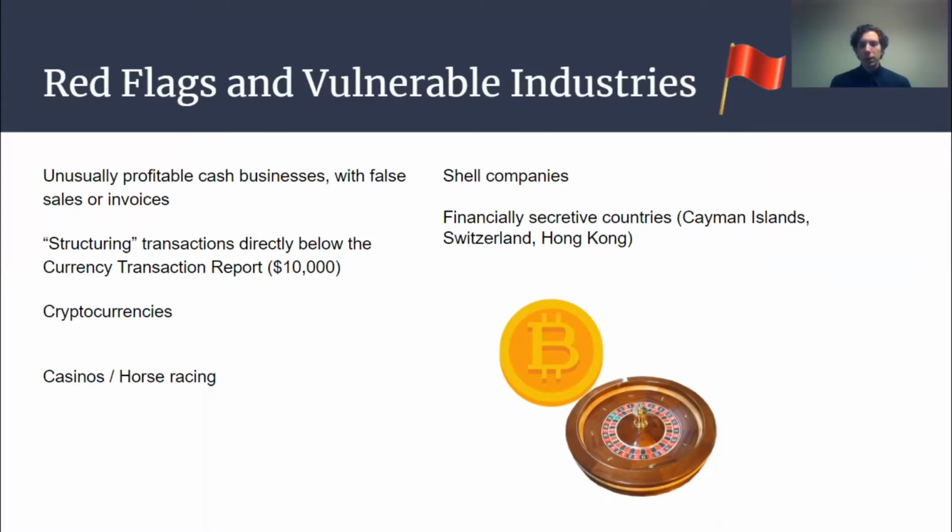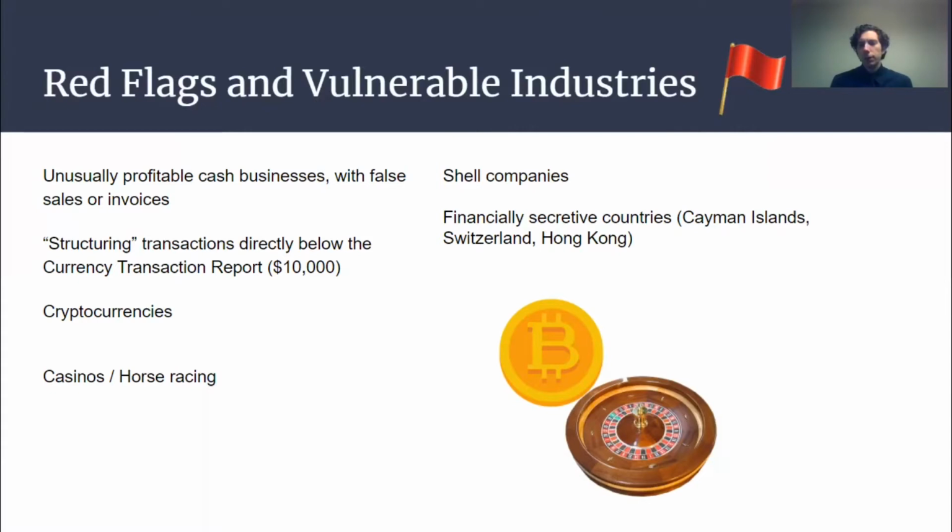Another industry that's kind of vulnerable would be casinos or horse racing or really any kind of gambling, because it's a lot easier to falsify the amount of money you won gambling. You can go to a casino, buy a bunch of chips, hang out for a couple of days, and then just cash in those same chips and walk away with a check from a casino. When you deposit it in the bank, you just point back to the casino and say you won at gambling.